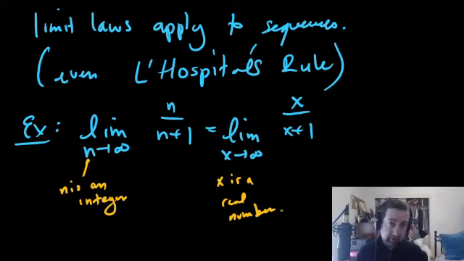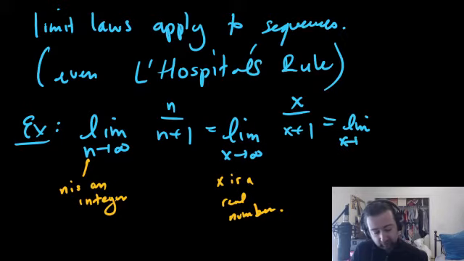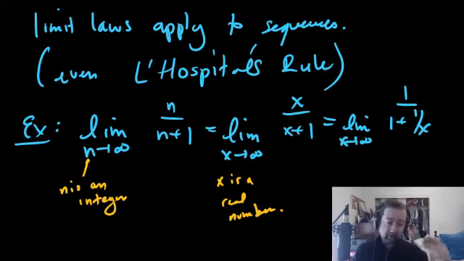And that means you can use all the calculus. You can use derivatives on it. You can use L'Hopital's rule on it. You can use the standard limit computations you learned way back in chapter 2, or if you didn't do this at Poly, in your high school classes. So computing this limit, one of the standard moves you can make is to write this as the limit as x goes to infinity of 1 over 1 plus 1 over x. What I did there was divide the top and bottom of that fraction by x.